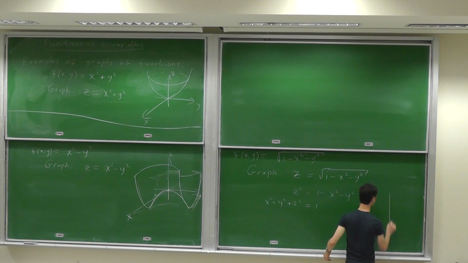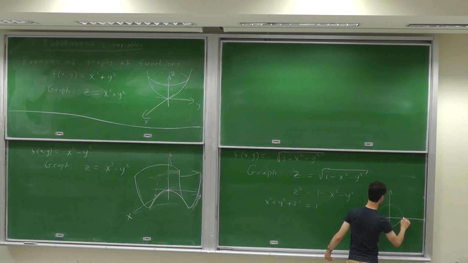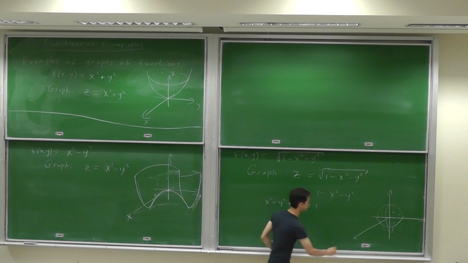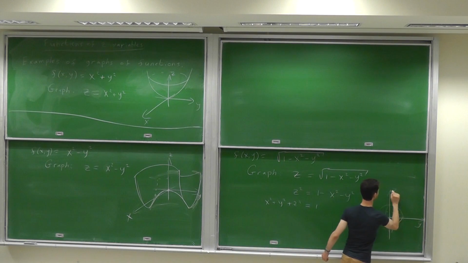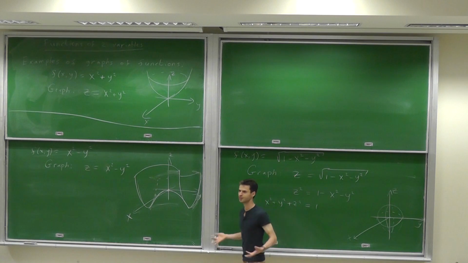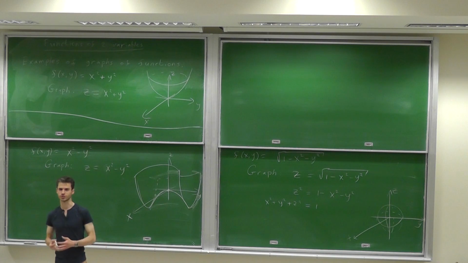So let's try to sketch the graph. Well, all I have to do is just sketch the sphere. Okay, so if you imagine that this is a sphere, well, it's kind of the graph of this function.